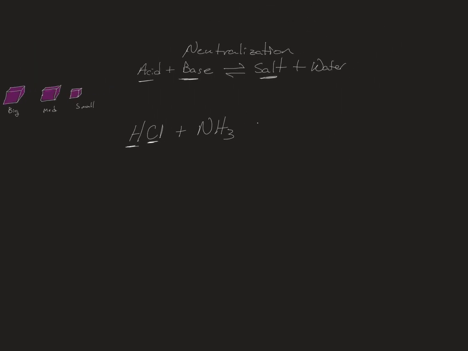And then when the ammonia meets the hydrochloric acid, you make NH. It didn't record, I don't know why, but what happens is that the H plus leaves, because hydrochloric acid is what we call a strong acid.